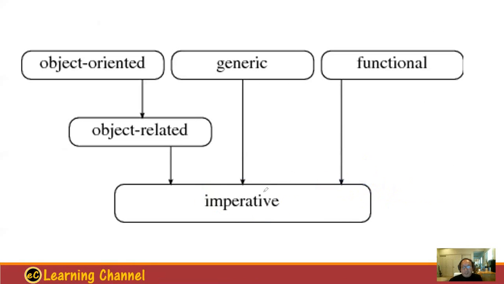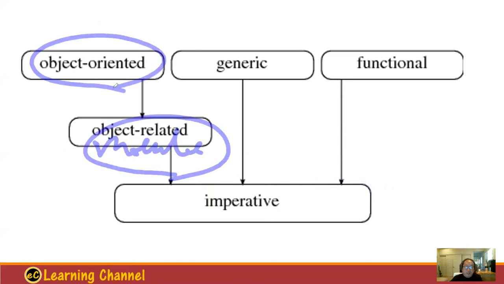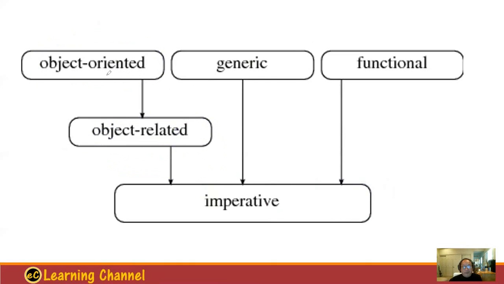But the problem is that it's not modularized. So later people invented the module. So here actually is a module or namespace for our structure. But none of these object-related is complete. So later it developed into object-oriented programming, and it makes software more reusable.